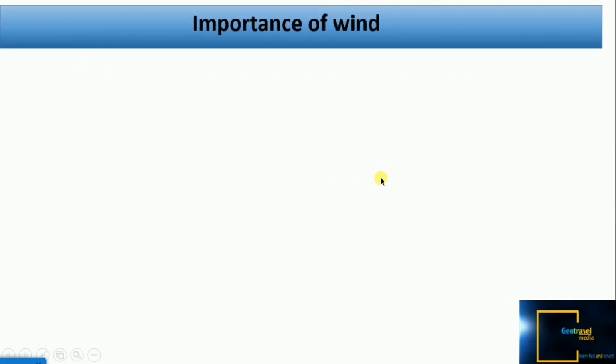Importance of wind. The movement of wind over the earth's surface has a very crucial role. Some of its roles include the following. Wind is important in generating electricity.